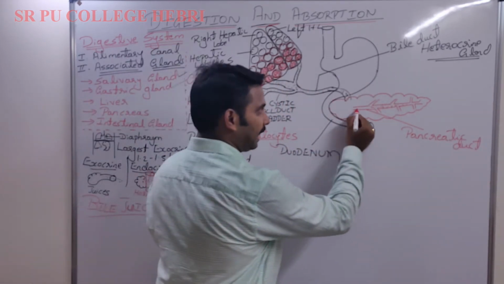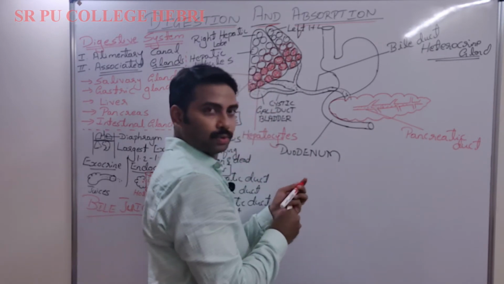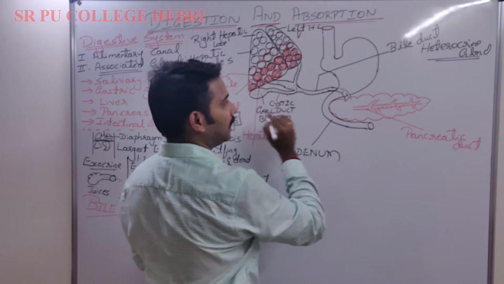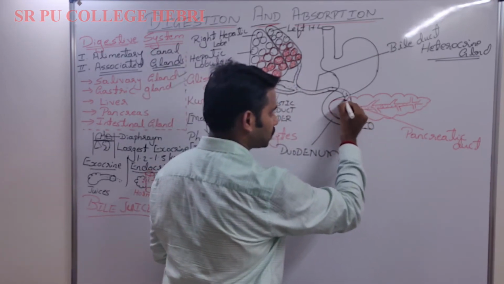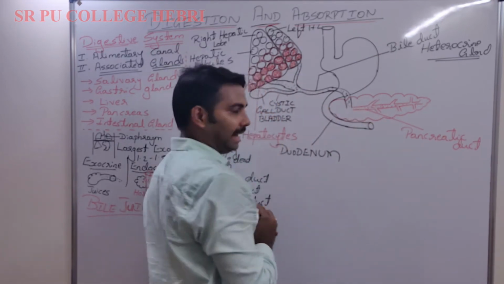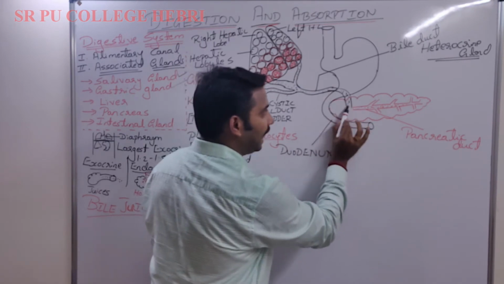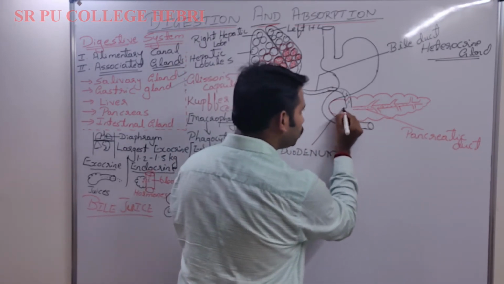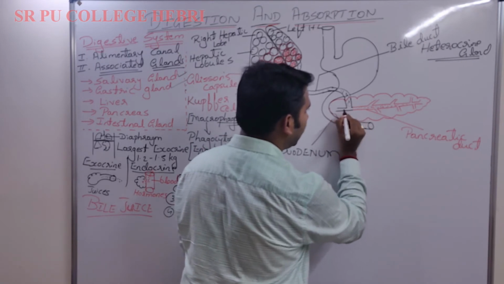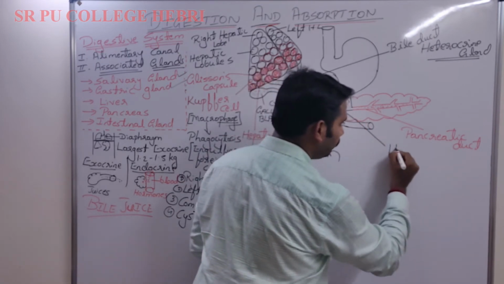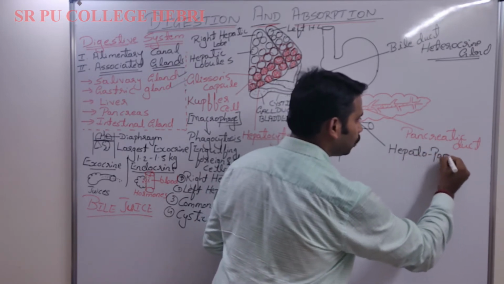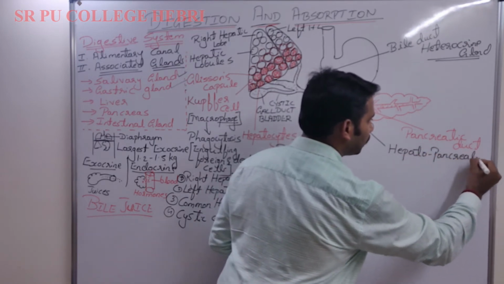Look at here, carrying which juice? Pancreatic juice. Now this is which duct? Bile duct from the liver, carrying which juice? Bile juice. Both the bile duct and the pancreatic duct join and form, one mark question, hepatopancreatic duct.